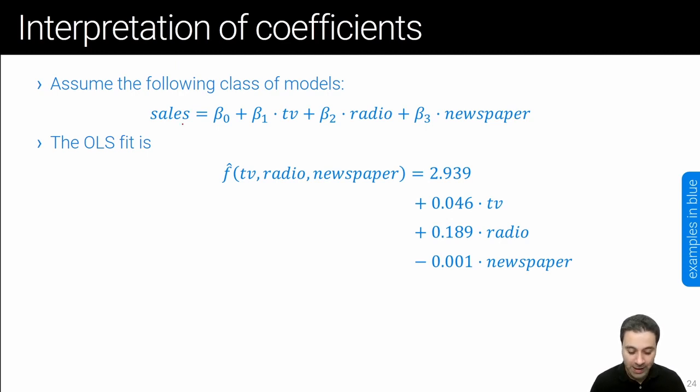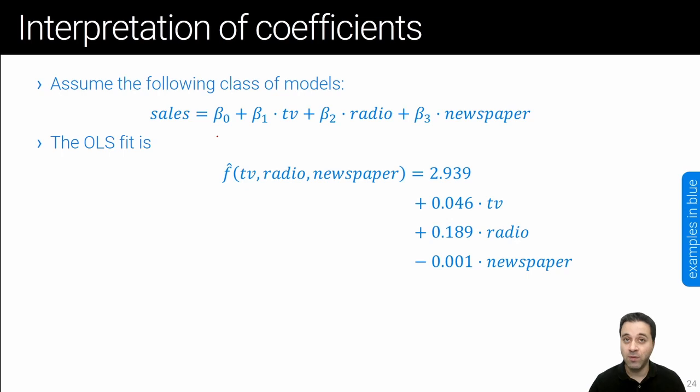The model would look like sales, the dependent variable, equals beta 0, the overall intercept, plus beta 1 times TV, beta 2 times radio, beta 3 times newspaper. How do we interpret the intercept here? Well, it would be the amount we sell if we don't advertise anything on TV or radio or newspaper. So if we don't advertise anything, how much will we sell anyway?